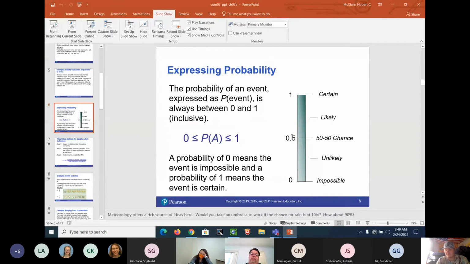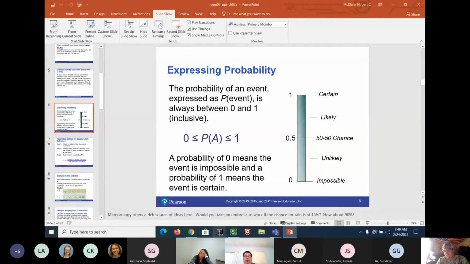Why do some people talk about percentages? Well, you can change a decimal into a percentage, but then you go from a decimal being probability to a chance, 50-50 chance. Percent is usually chance. Probability is decimal, so you might want to write that down.